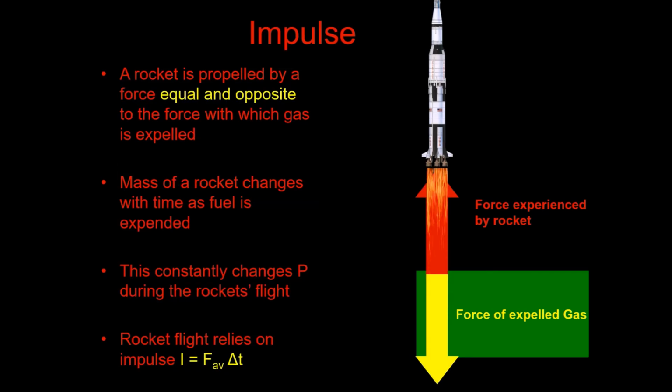A common misconception, especially by children, is that the gases coming out the back of the rocket push on the gases of the Earth, but you can point out that rockets work in space, so that is a bit erroneous. Rocket flight really relies on impulse, how much force you're applying and how much time you're applying it for.